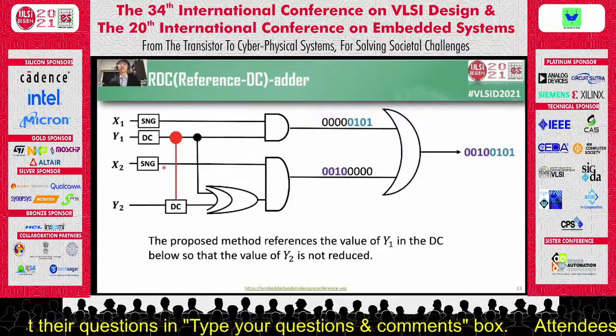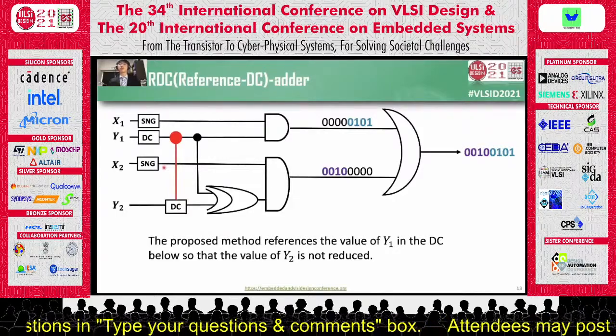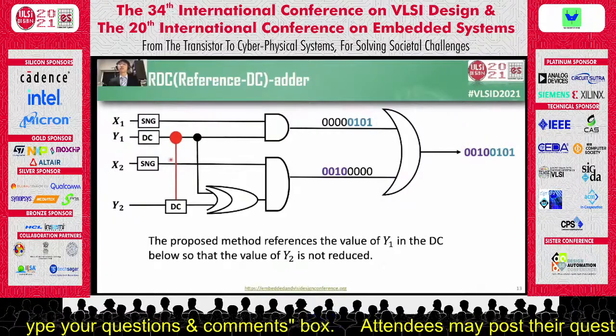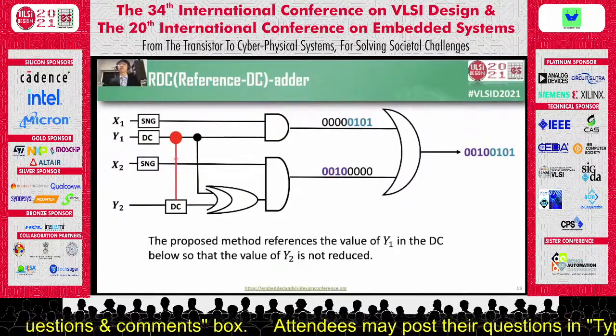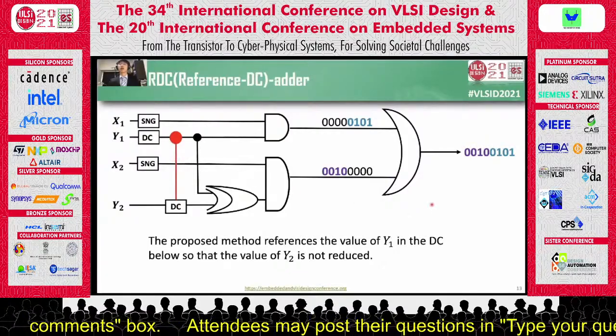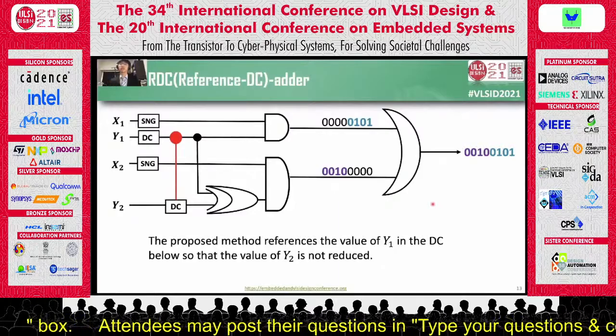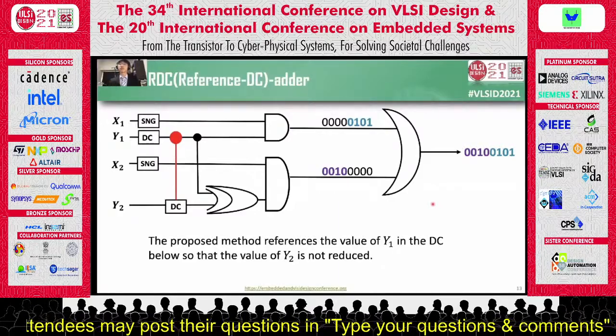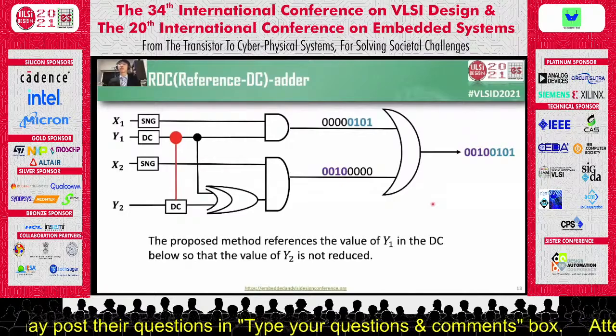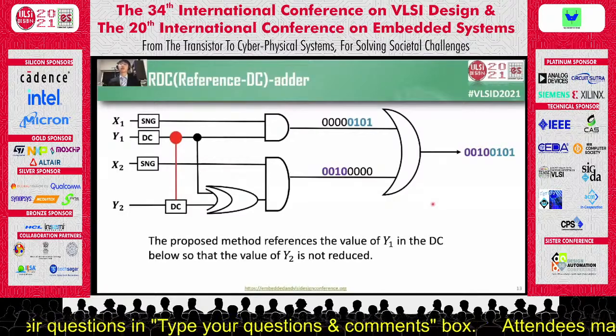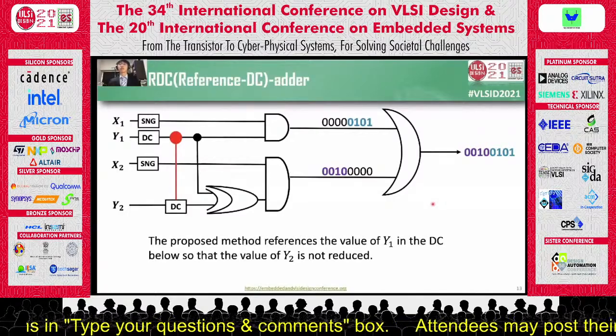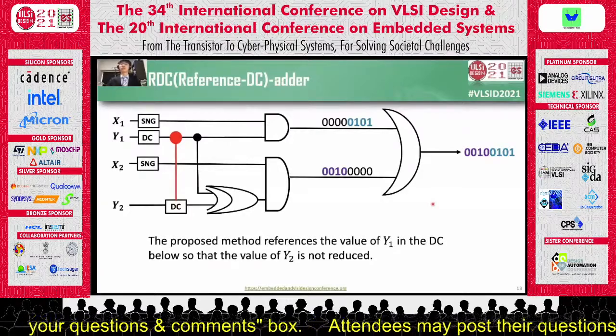When the value of the upper DC is 1, the value of the input, the lower modified DC, is not reduced. By using the RDC adder, it is possible to further reduce the hardware costs compared to the XOR adder. I have explained our three proposed methods.